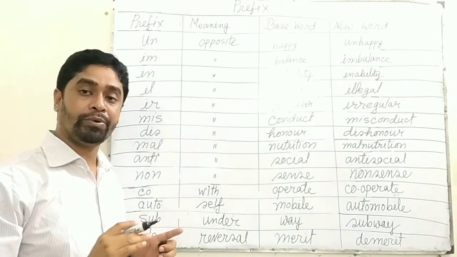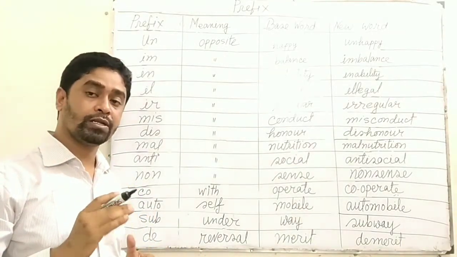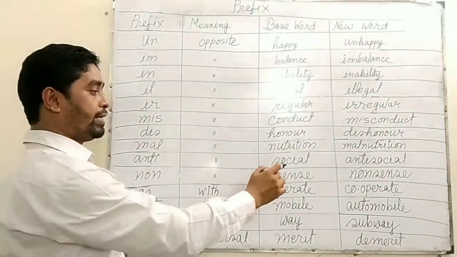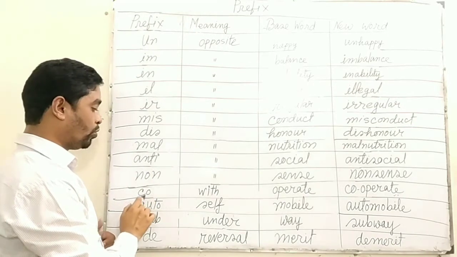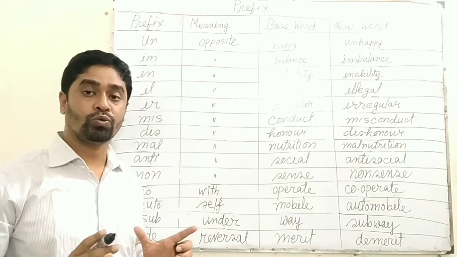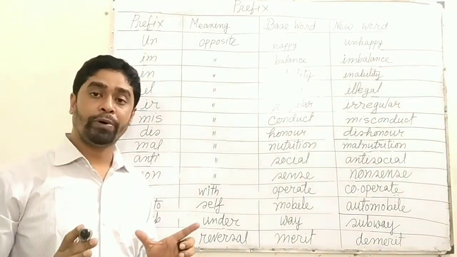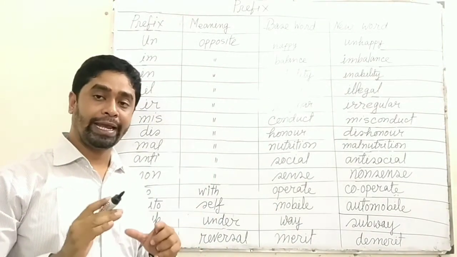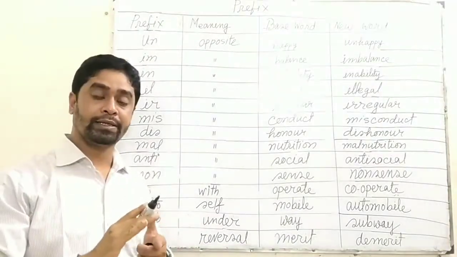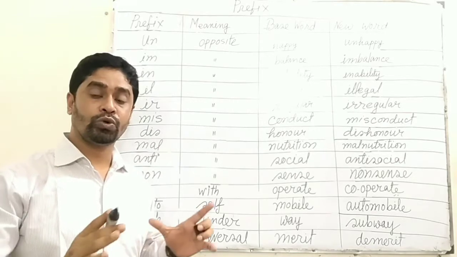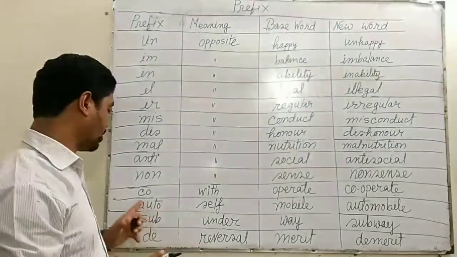If we add non before sense, then it creates the opposite word, nonsense. Co. It expresses with or together, like operate. If we add co before operate, then it creates together with, like cooperate.